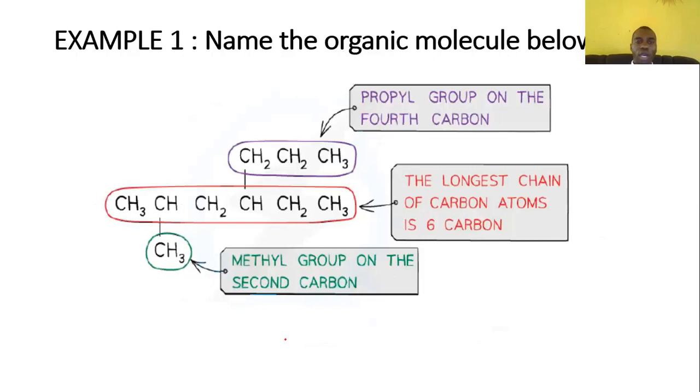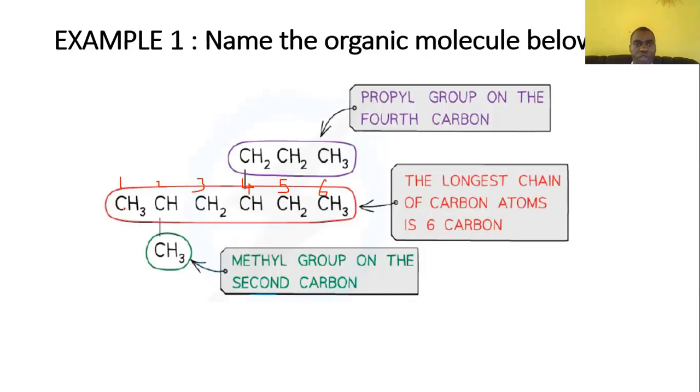Okay, let's look at this other example. We can do the numbering here. By now you can number: this is 1, this is 2, this is 3, this is 4, this is 5, this is 6. Now, if you count, this is 1, 2, 3, 4, 5, 6, 7.